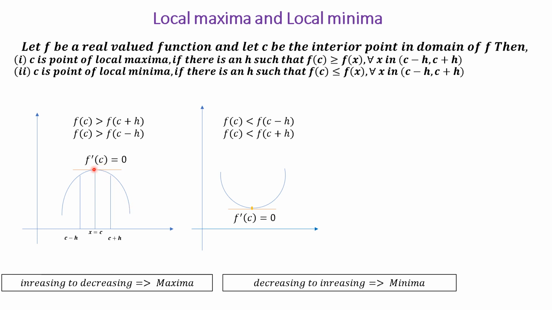At this point, at x is equal to c, if you draw the tangent, it is parallel to x-axis. If the tangent is parallel to x-axis, it means the derivative is 0. f dash of c is equal to 0.